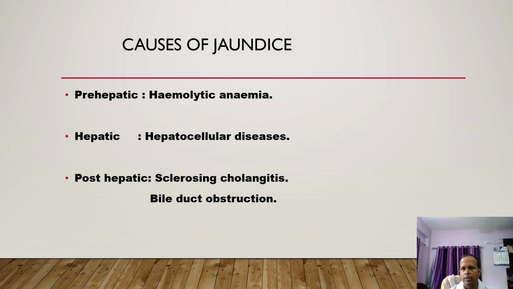You can elaborate the causes in more detail under two broad headings, that is causes of unconjugated hyperbilirubinemia and causes of direct hyperbilirubinemia. And again in each category you can classify as infective causes, infiltrative causes, then metabolic causes. All these things will come into play in the viva of jaundice.